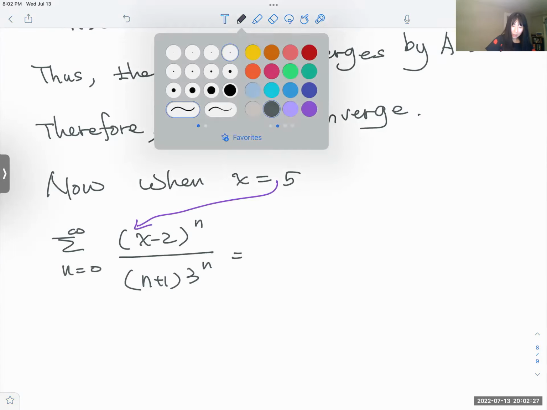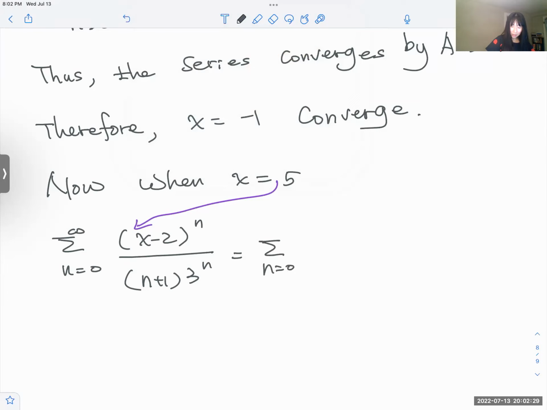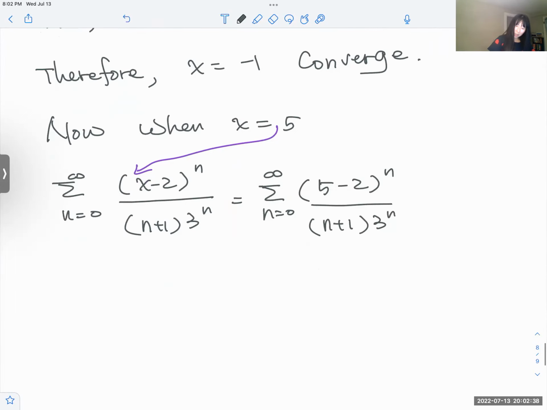So we will have the sum of (5 minus 2) to the n power over (n plus 1) times 3 to the n. All right, so we get this 3 to the n over (n plus 1) times 3 to the n power, right? Okay, so we can simplify.